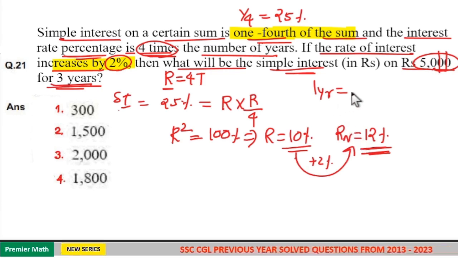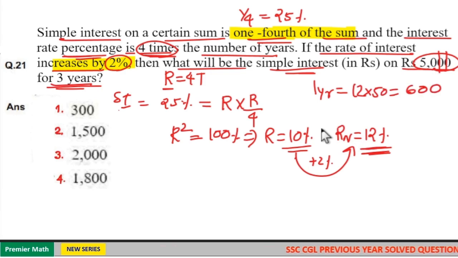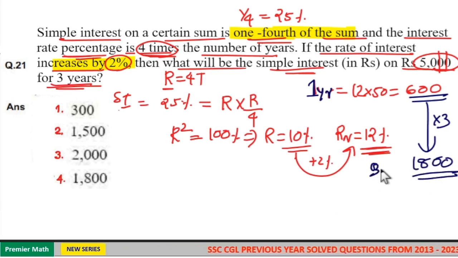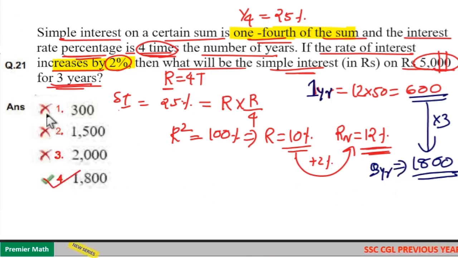Then 12% is 12 into 50, that is 600 rupees. That is here 600 rupees earned in 1 year. Now we need 3 year interest. So 600 into 3, 1800 is the 3 year interest. So option 4 is your answer.